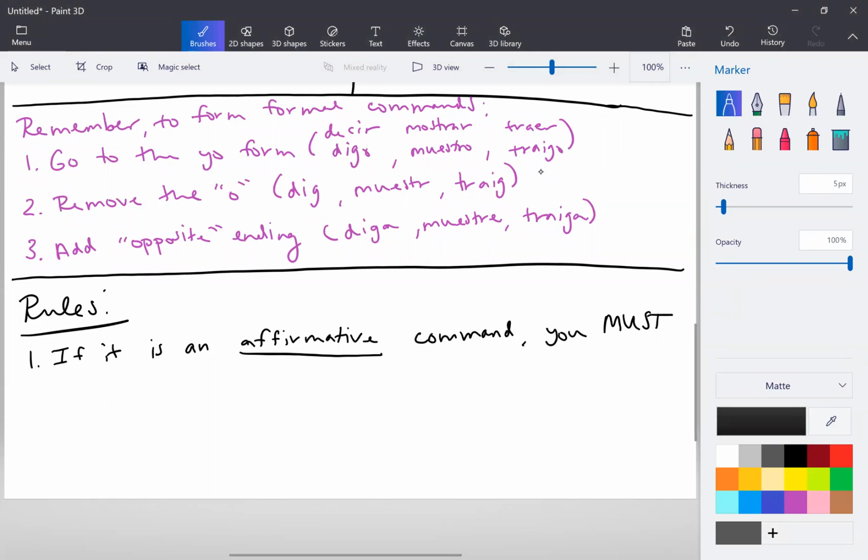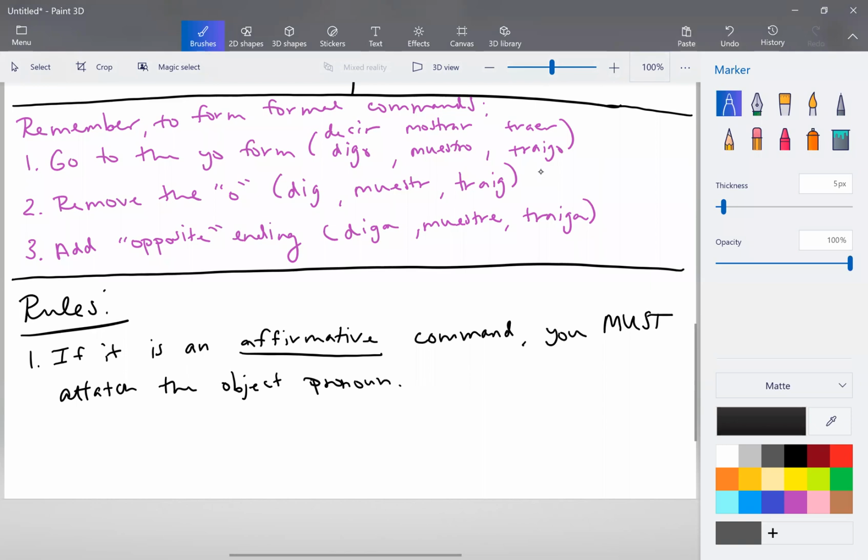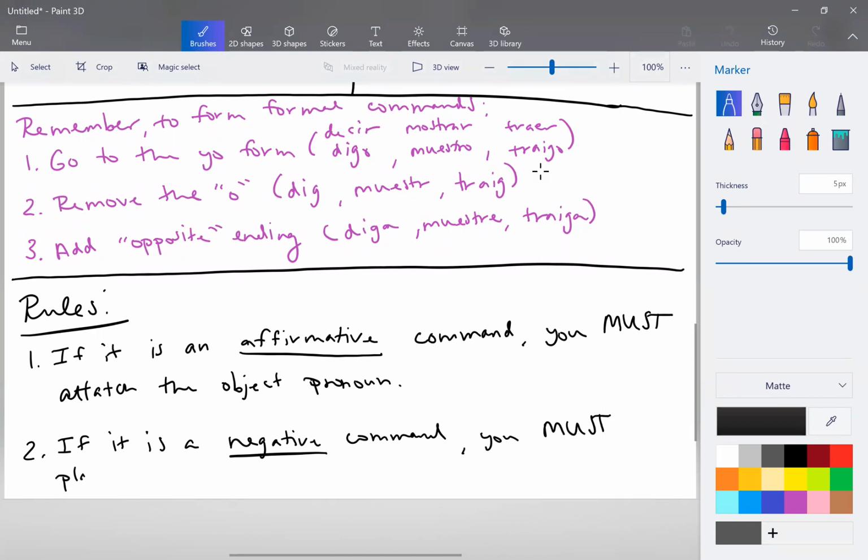So if it's an affirmative command, you must, not optional, must attach the object pronoun. If it is a negative command, you must place the pronoun before the verb.